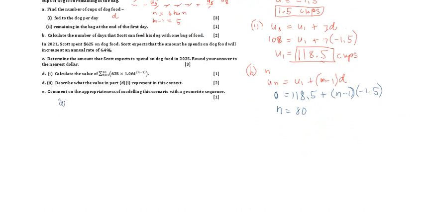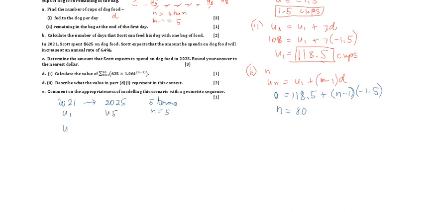Okay, 2021 to 2025. So you can count that. The number of terms from 2021 to 2025, we have 5 terms. So our n equals 5. So I'd like to find the amount that Scott would expect to spend on dog food in 2025. So this is u sub 1, 2021, 22, 23, 24, 25. So this is u sub 5.